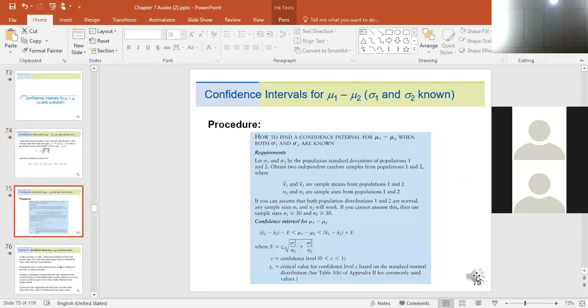When the populations are normally distributed, or the sample sizes for both samples are at least 30, you can assume that the sampling distribution of the difference of sample means will be approximately normal. So we can use the Z distribution if sigma is known. And if sigma is unknown, we use the t distribution.